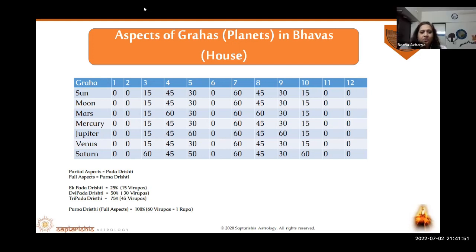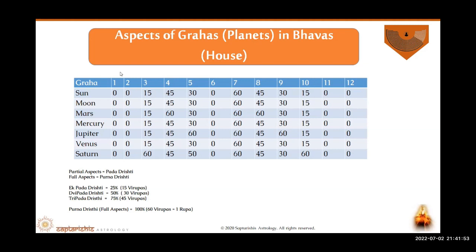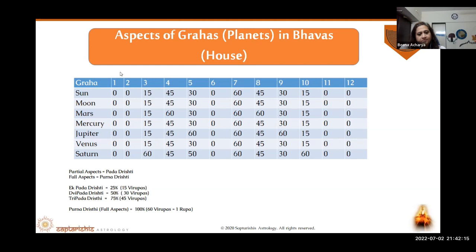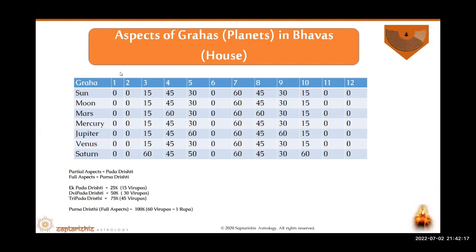Yes, it is impact, but now that impact is reduced, correct? Like the sun: wherever the sun is placed, the third house from there is getting 25%, not 100%. So the influence of the sun is there, but in a decreased way. So whatever prediction you do for the third house, you should include the energy of the sun also.